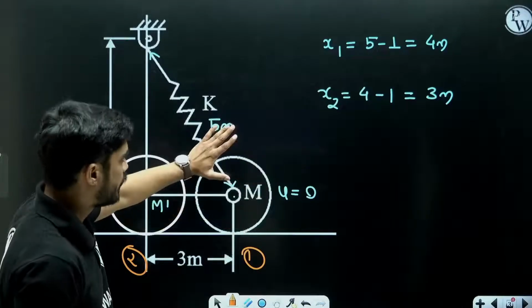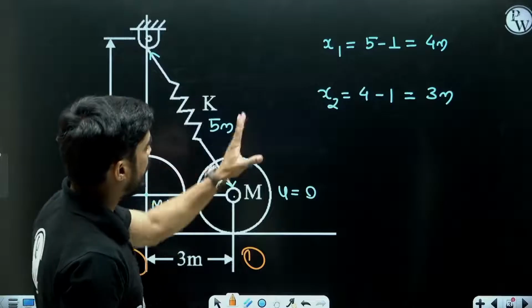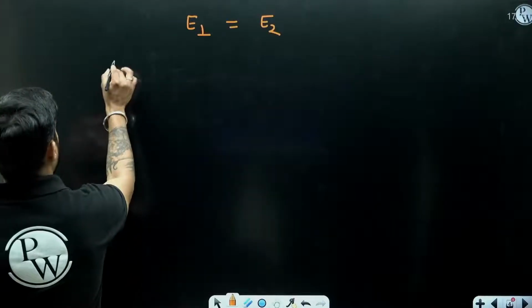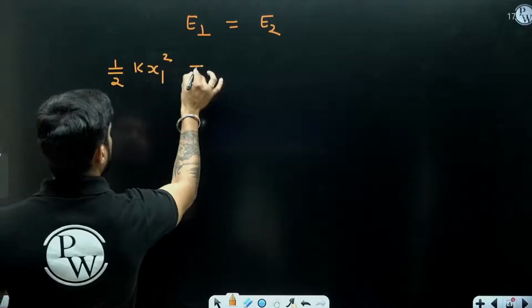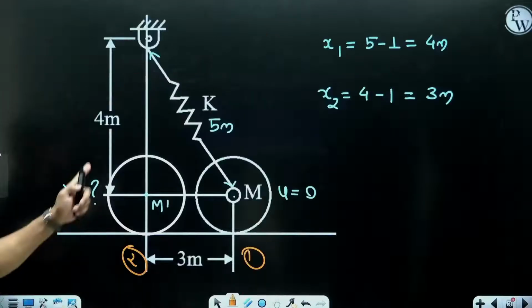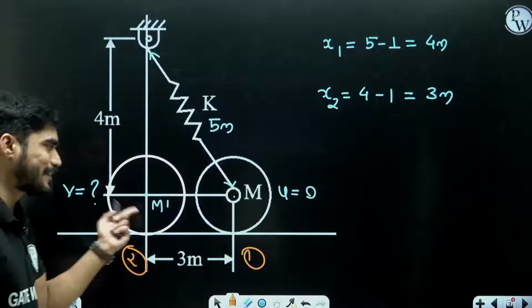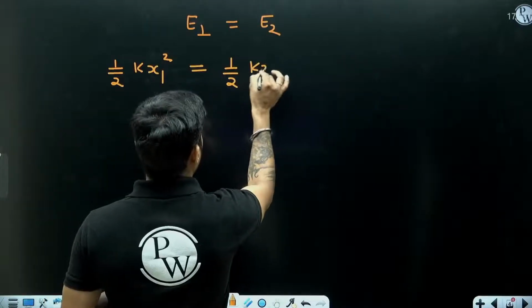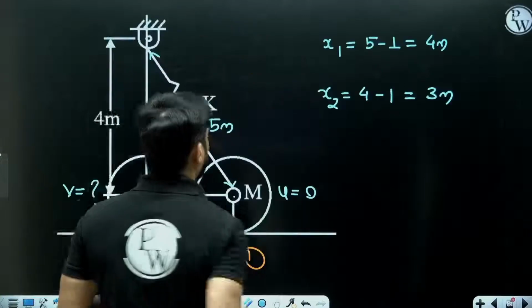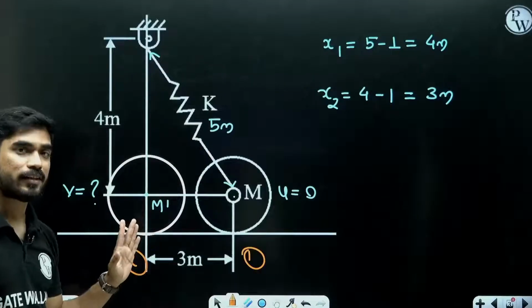There is no velocity of the disk, but the spring has potential energy. So it will be half kx1 square. Now in the second position, the spring still has potential energy, but it will become half kx2 square. And the disk has kinetic energy.